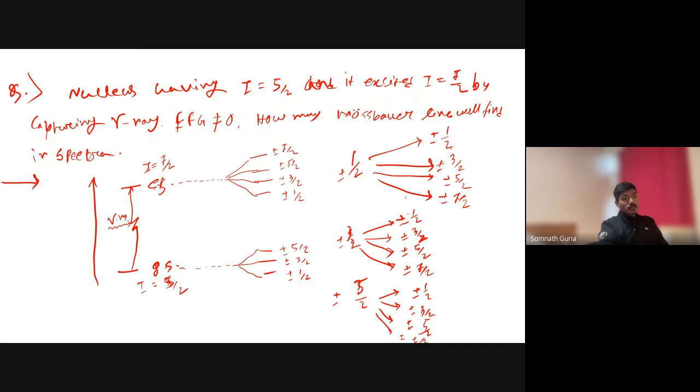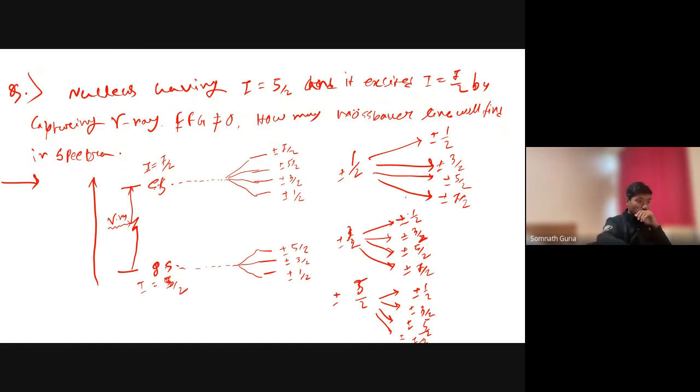So we have 1, 2, 3, 4, 5, 6, 7, 8, 9, 10, 11, 12 expected spectra. There should be 12 different lines, but we'll get fewer than 12. We have to calculate right now.